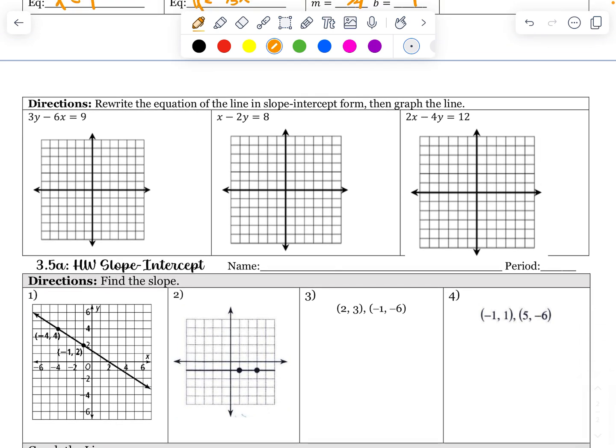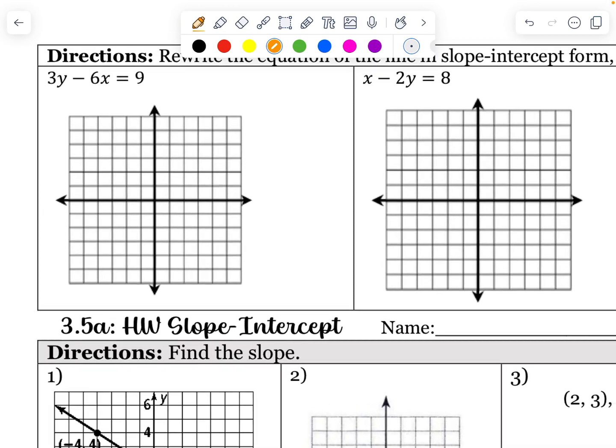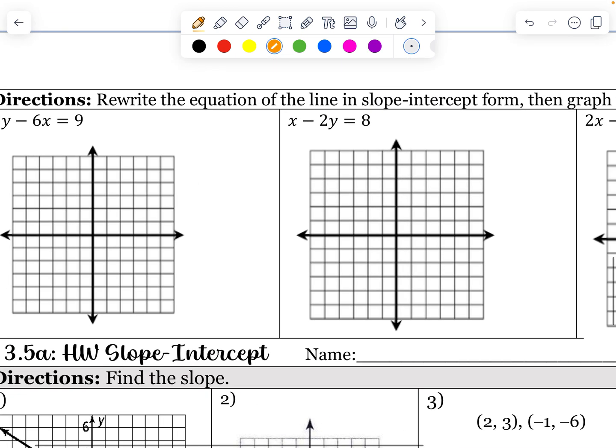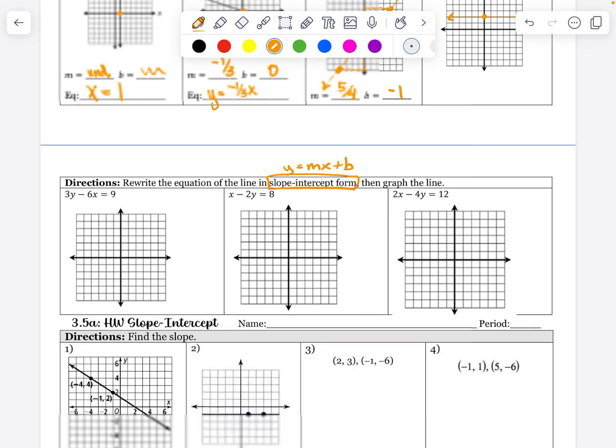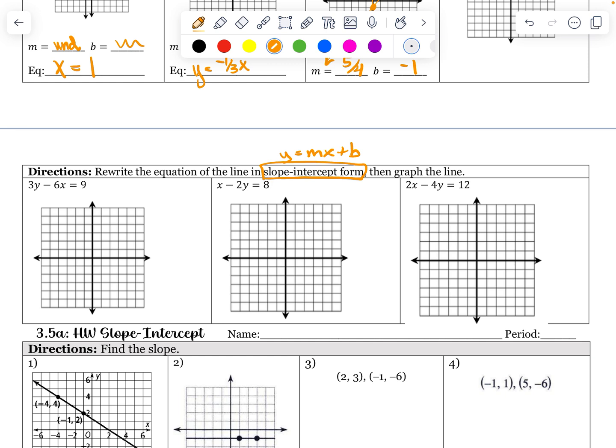Rewrite the equation in slope-intercept form, then graph the line. To write it in slope-intercept form, I need y all by itself. So we're going to have to use some of our algebra skills. 3y minus 6x equals 9. I'm going to move the 6x to the other side. 3y equals 6x plus 9.